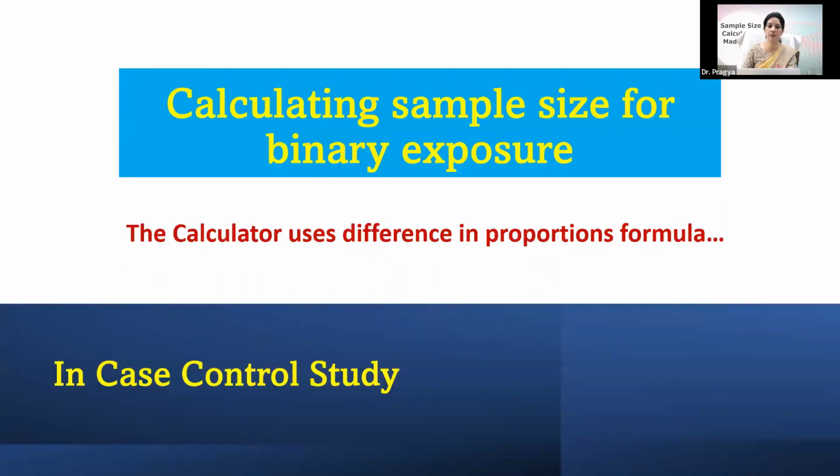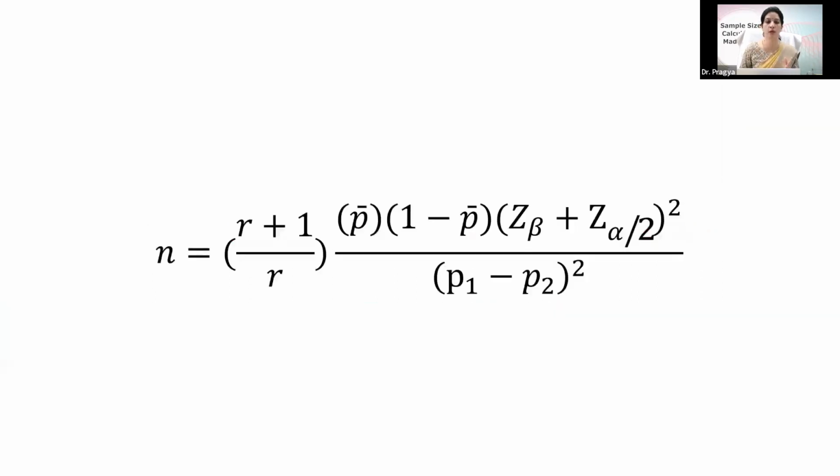Before I start with the example, this is the formula which is running in the background. The calculation of sample size for a binary proportion, that is the presence or absence of an exposure in disease and control, is through this formula. Here n is the sample size in the case group.